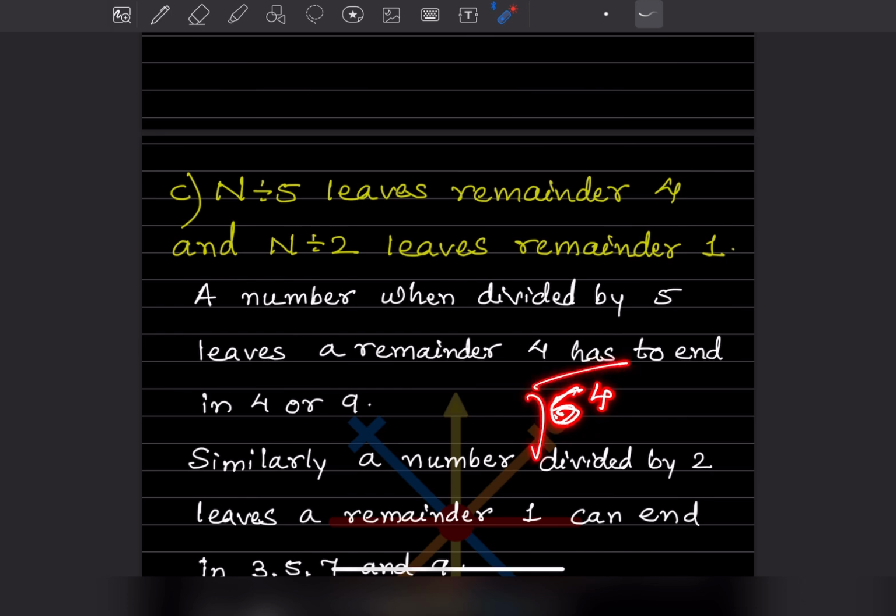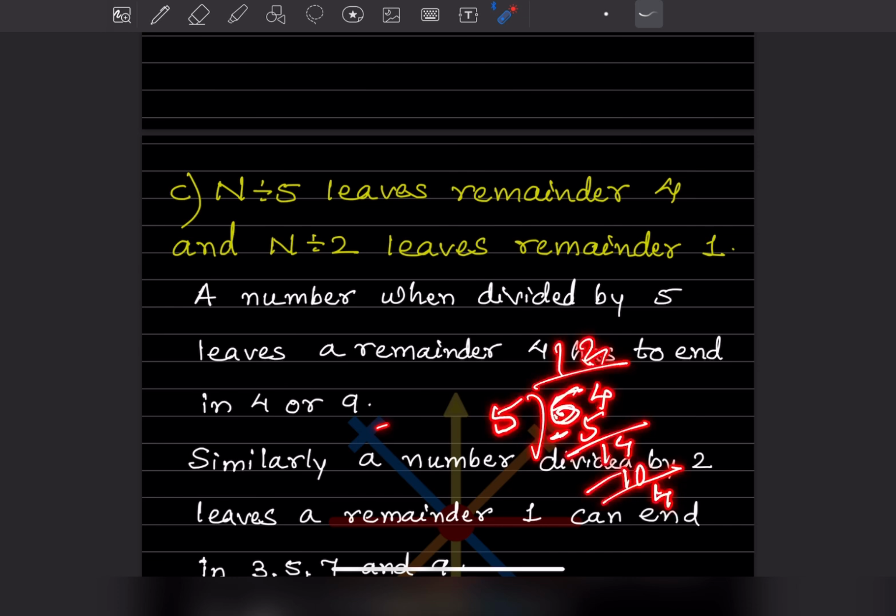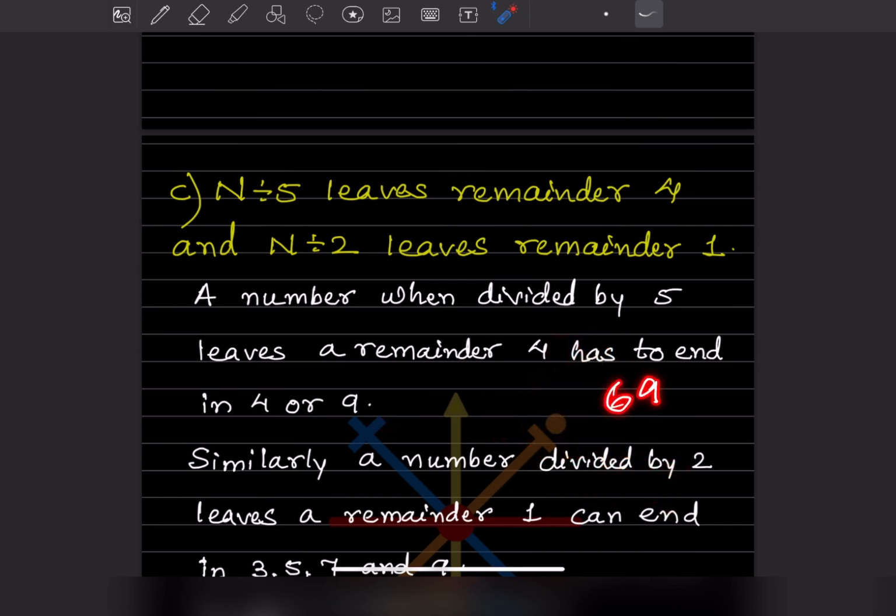If you divide this by 5, 5 ones are 5, 5 twos are 10. So the remainder is 4. If you take 69, 5 ones are 5, 5 threes are 15. The remainder is 4. So it should end with 4 or 9.